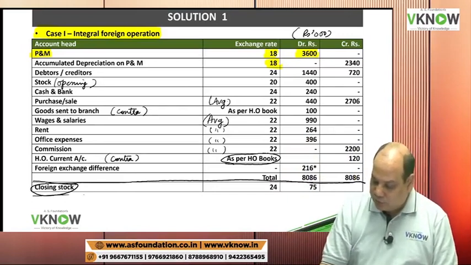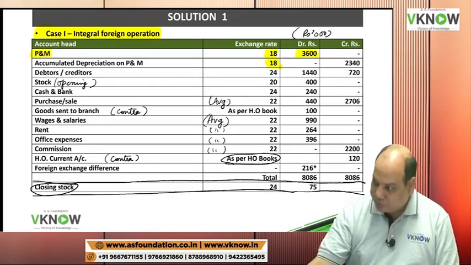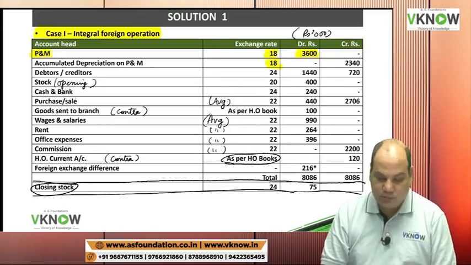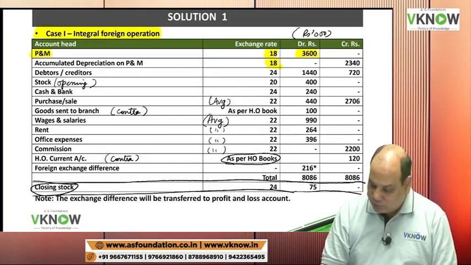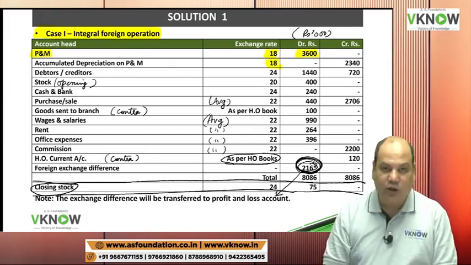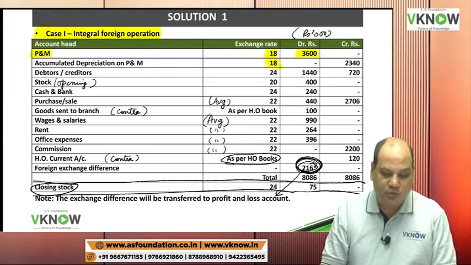If they don't give it to you, it is a wrong question. So this is the answer for integral foreign operation. Now we'll write down what will be the treatment of this 216. It will be transferred to the P&L account.